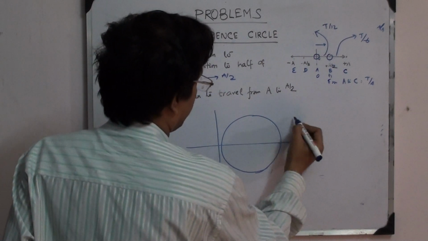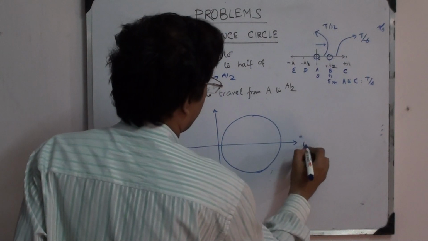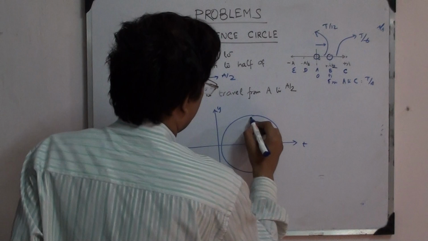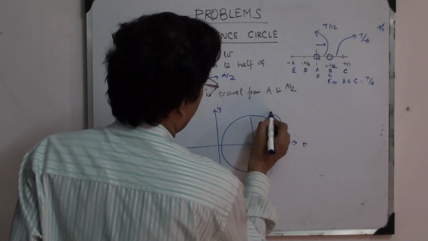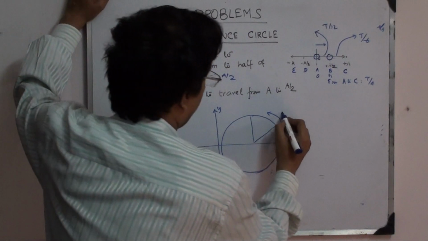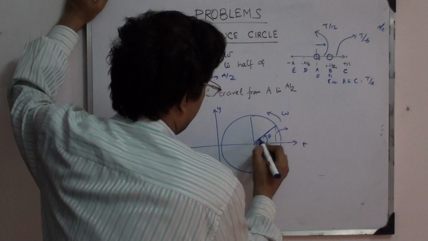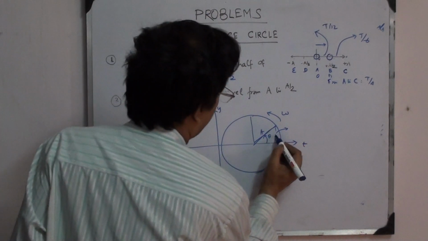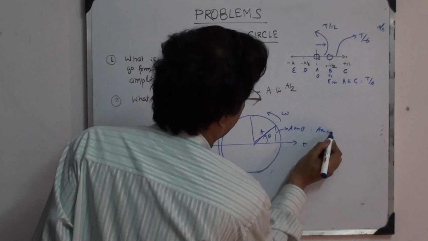Remember this, if this is the reference circle, suppose you put a shadow here, then this is going with omega in this direction, so this is theta. Now the reference circle's radius is A, so this particular thing is A sine theta, which is A sine omega t.